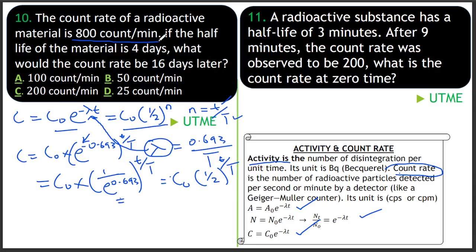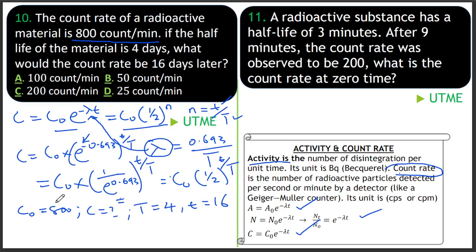This count per minute is the initial, so C naught is 800 counts per minute. C, which is the final, is what we are looking for. The half-life is 4, and the small t is 16 days.